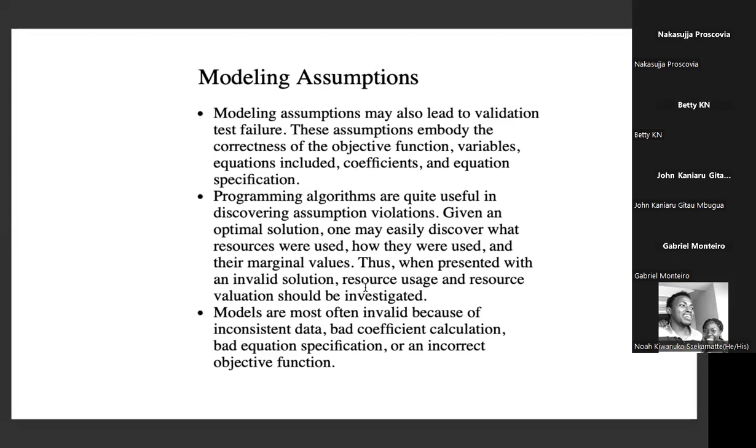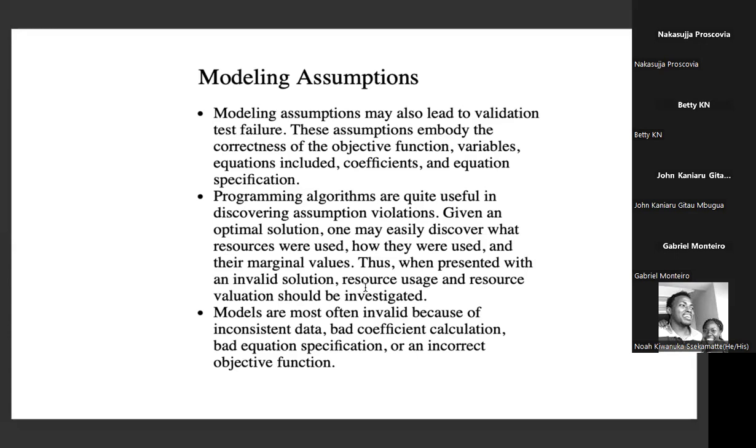Programming algorithms are quite useful in discovering assumption violations, and given an optimal solution, one may easily discover what resources were used, how they were used, and their marginal values. Thus, when presented with an invalid solution, resource usage and resource valuation should be investigated. Models are most often invalid because of inconsistent data, bad coefficient calculation, bad equation specification, or incorrect objective function.